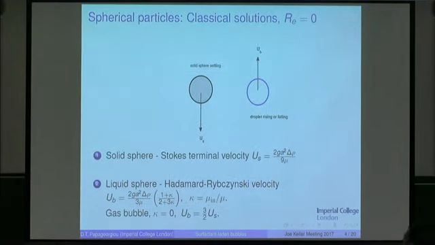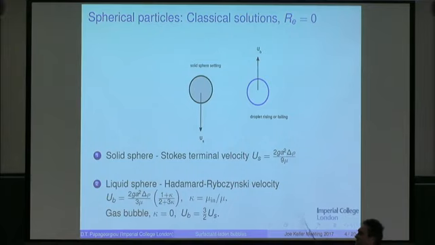So here are two solutions that are classical, and we know for solid particles. So think of a solid sphere settling under gravity, or a droplet, which is lighter than water, let's say. It could be heavier than water, either settling or rising.